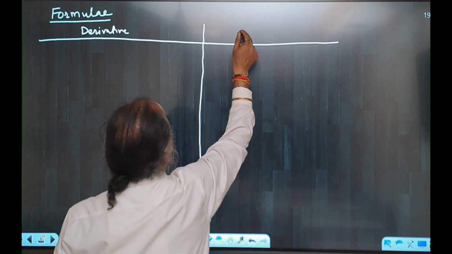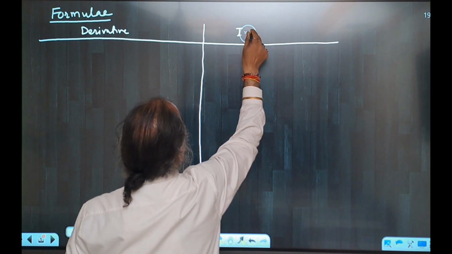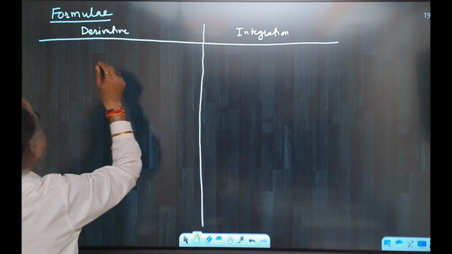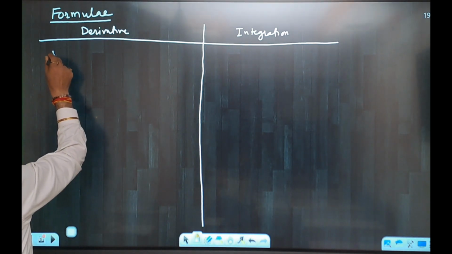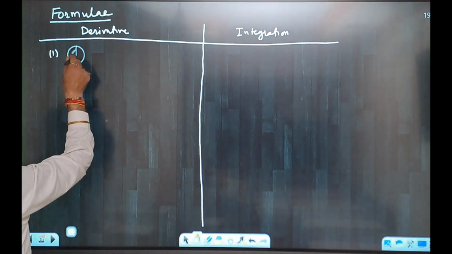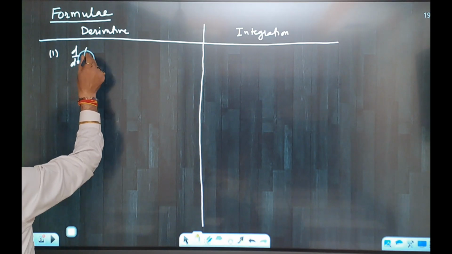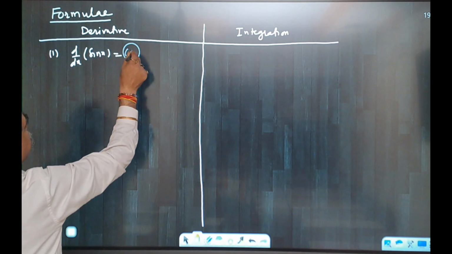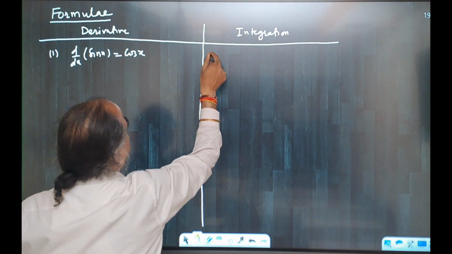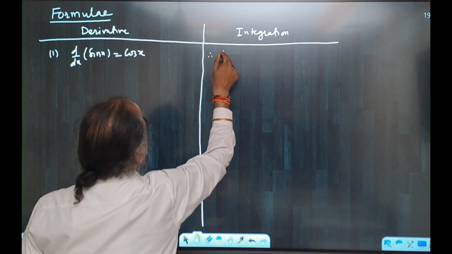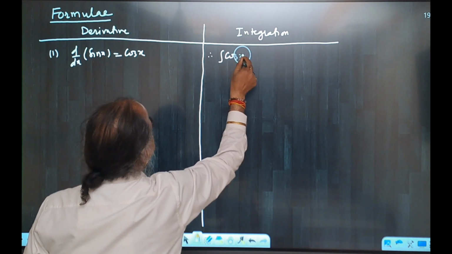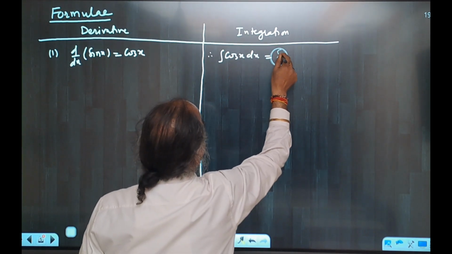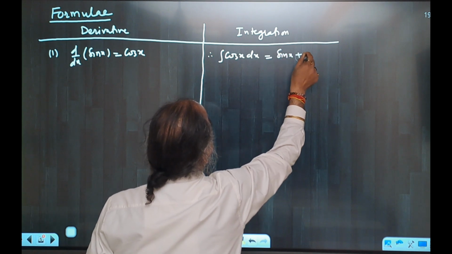First one is d by dx of sin x is cos x. Therefore, integral of cos x with respect to x is sin x plus c.